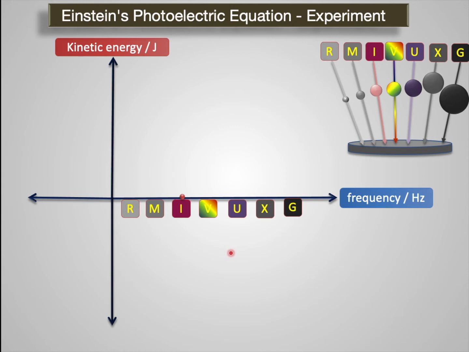Let's say at infrared, it just starts. Like in the previous example, I said you need 8 joule to remove the electron. What if the photon has exactly 8 joule? It will be able to remove the electron, but it cannot provide any kinetic energy. That's the starting point of the photoelectric effect, called the threshold frequency.